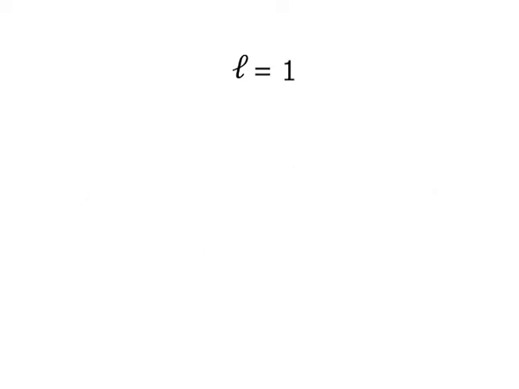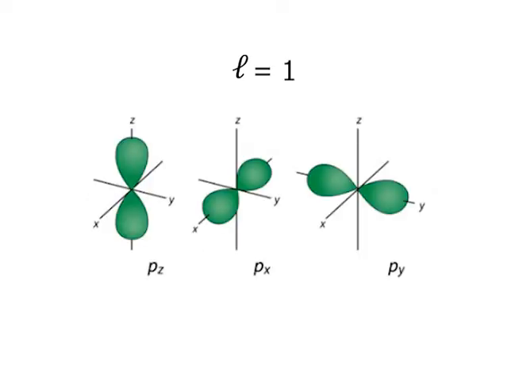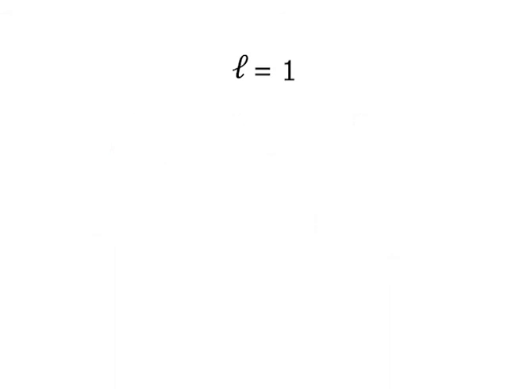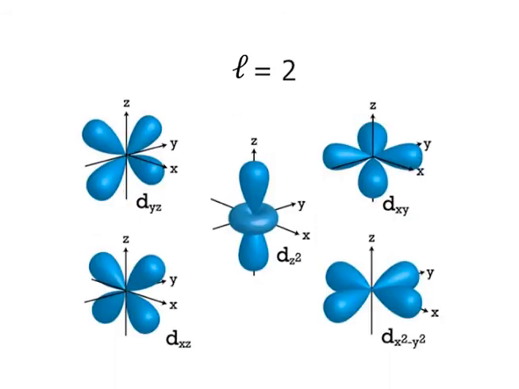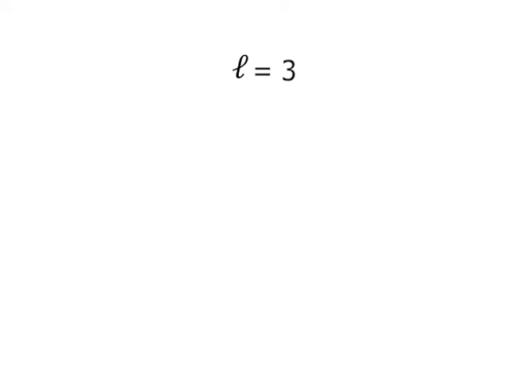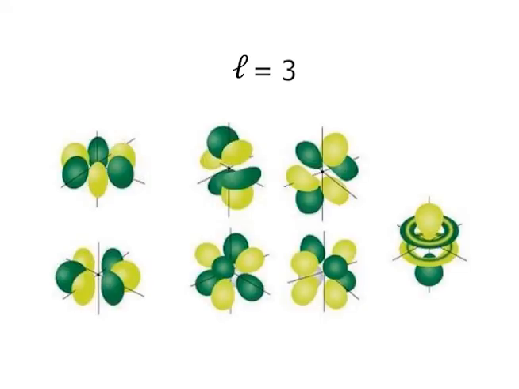L equals 1 denotes a p orbital, which are any of these 3 dumbbell shaped clouds, which extend out in x, y, and z directions, and there are a max of 3 per energy level. L equals 2 denotes a d orbital, which are these funky looking kinds of clouds, and there are a max of 5 per energy level. Finally, L equals 3 corresponds with an f orbital, which look like these even funkier looking orbitals, and there are a max of 7 of these per energy level.